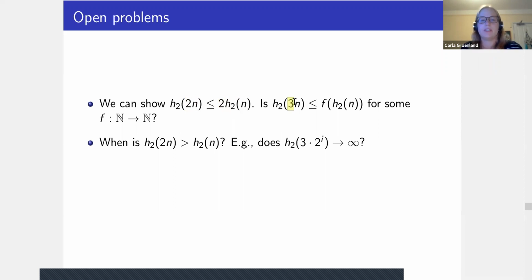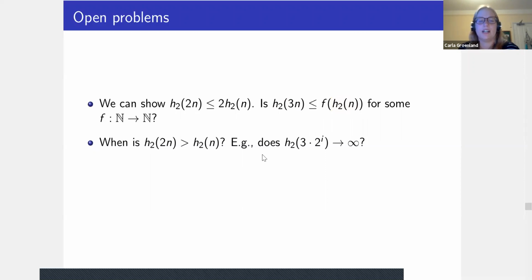But when we have m equal to 3, we don't know if that's the case already. So one of the questions that we pose is whether we can find a similar result when m is equal to 3. So whenever we multiply n by 3, the amount that it increases by is somewhat bounded by the value of h2 of n.